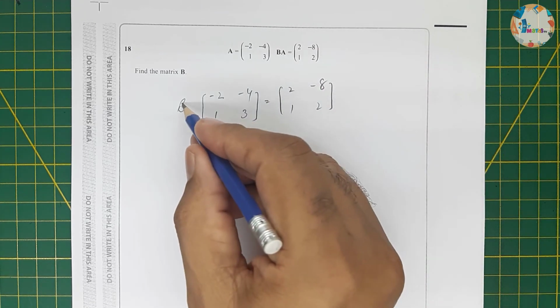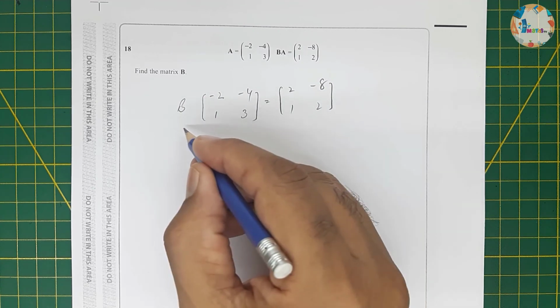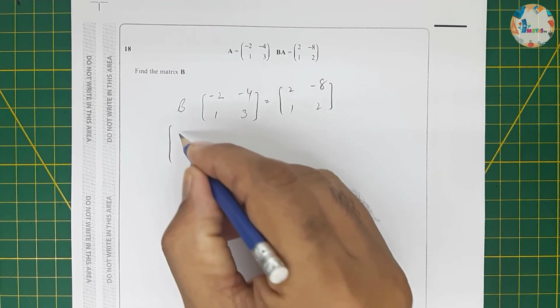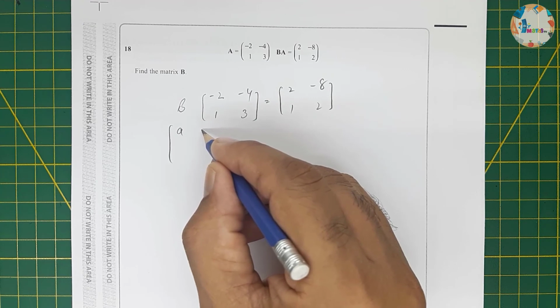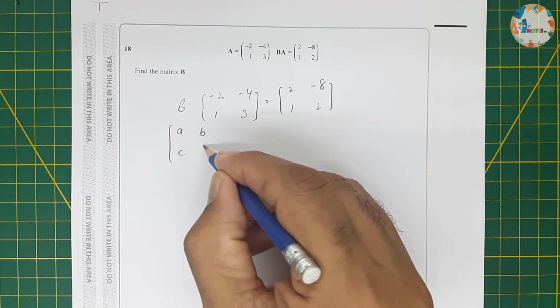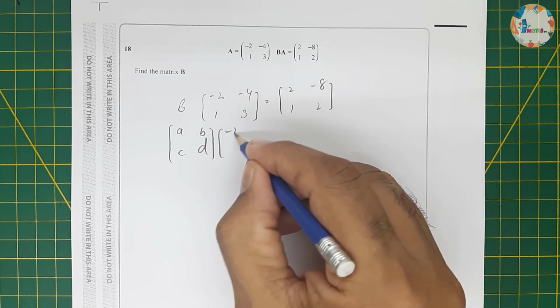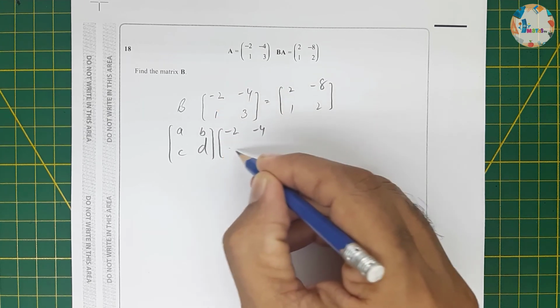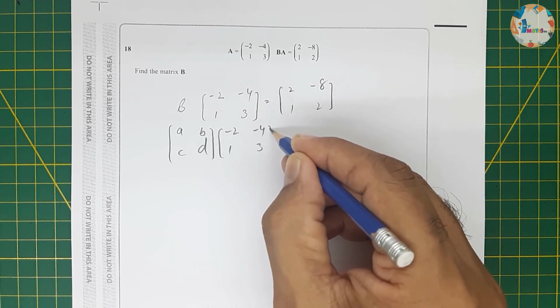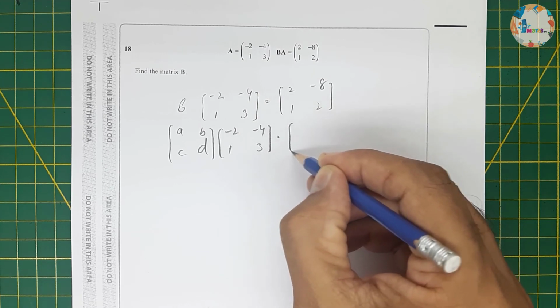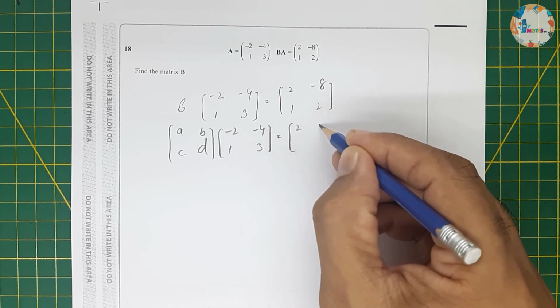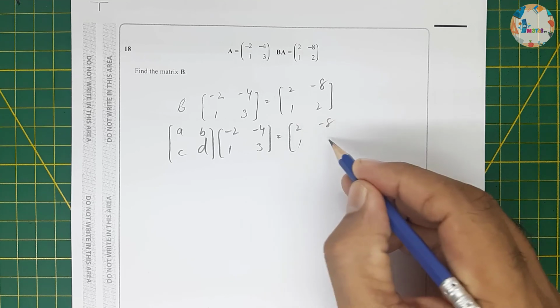And now we can consider B as a matrix, and take a, b, c and d, multiplied by minus 2, minus 4, 1 and 3, and this is equal to the matrix 2, minus 8, 1 and 2.